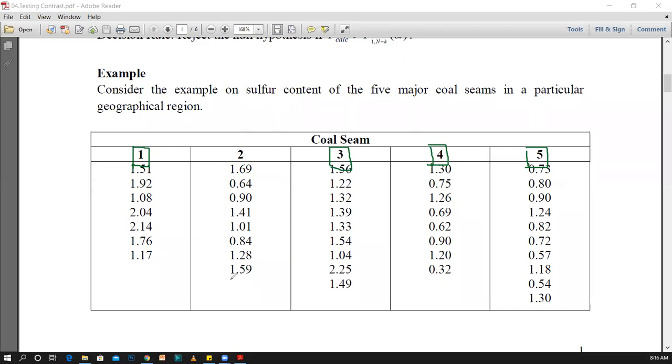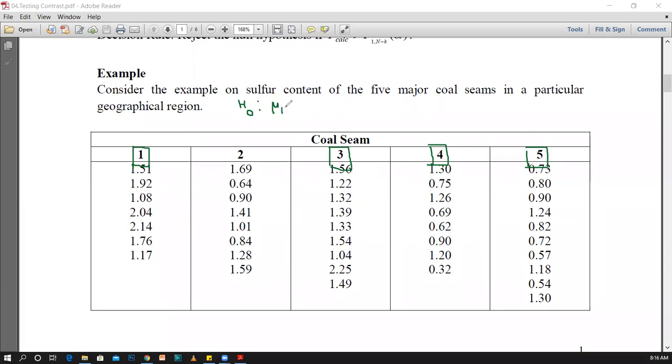Therefore, when we build up the hypothesis, we can say H naught. What we need to test is whether the mean value of these two equals the mean value of these two. First of all, I will write mu1 here. This is H naught.